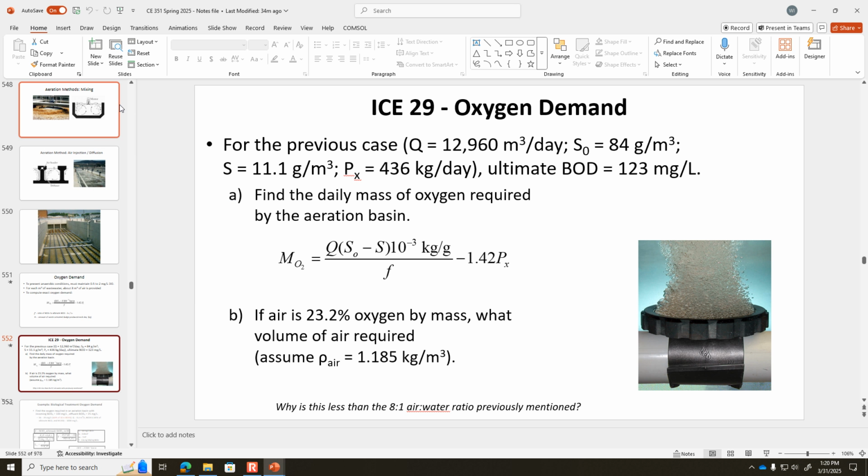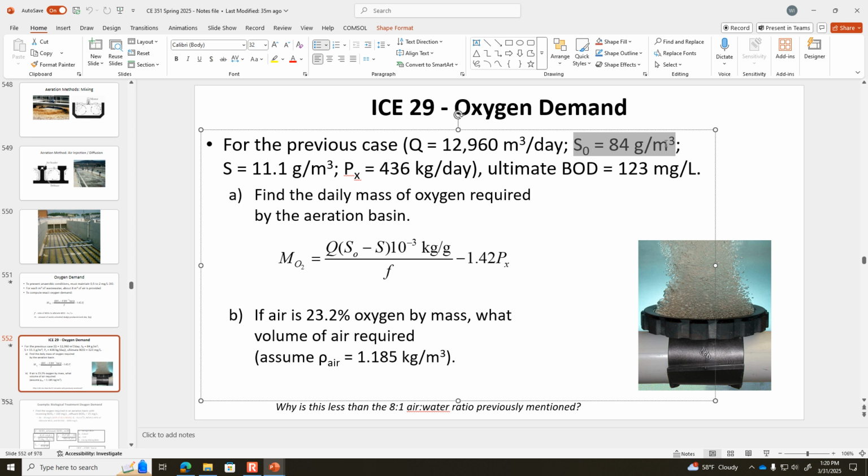All right, so on the whiteboard I showed that F is the ratio of the 5-day BOD to the ultimate BOD. And so the waste that's coming in, it's common to just assess how much oxygen demand there would be in a bottle test in a 5-day period, 84 grams per cubic meter. But when the water is in the aeration basin, we're trying to use up all the BOD that's there, not just the 5-day BOD.